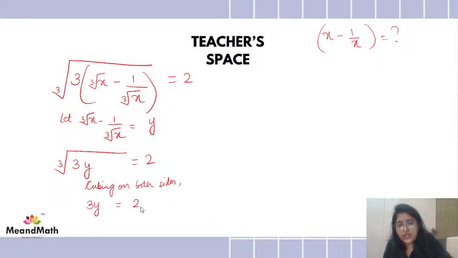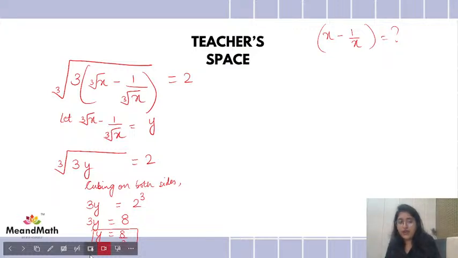And when we cube the right hand side, we get 2 with the exponent 3, which is 8. Then y will be equal to 8 upon 3. So we got the value of y as 8 upon 3.